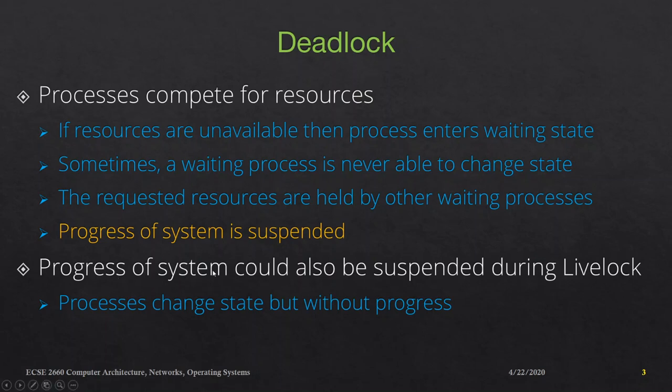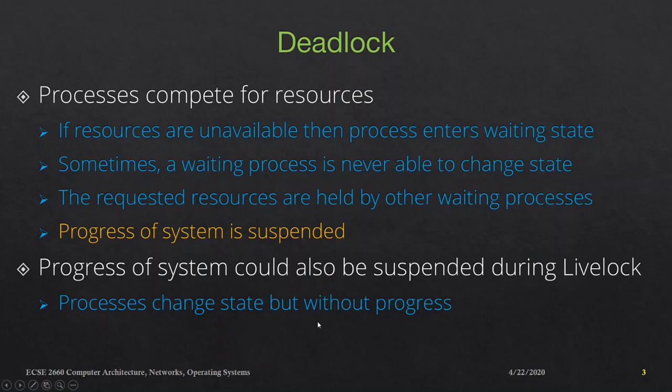The progress of a system could also be suspended during livelock, but livelock is a little bit better because the processes that are in livelock can change state but without progress. So there is no progress, but they are able to change state. So for example, if a process is waiting for a certain favorable event to happen, then in that case it will go to the waiting state, and when that event occurs, it will come out of that waiting state.